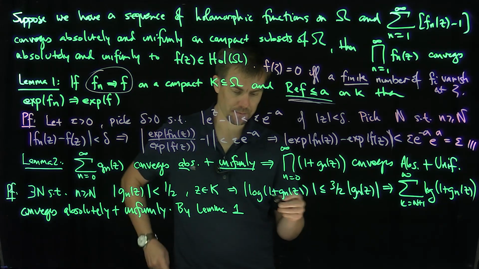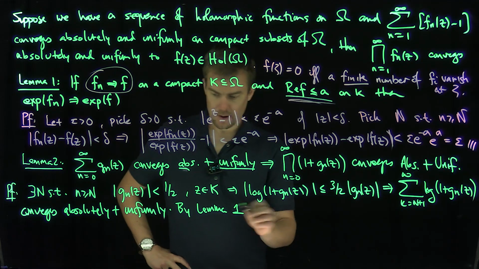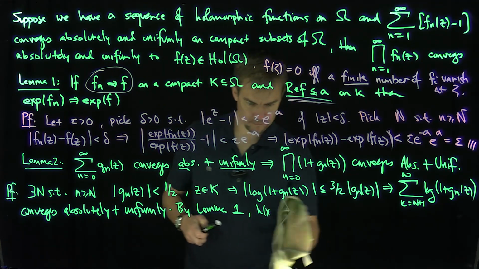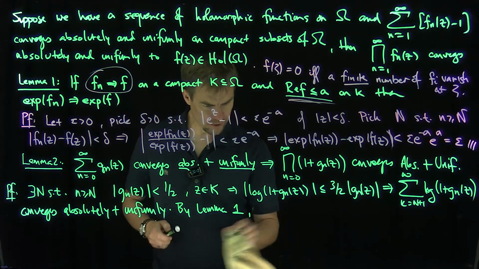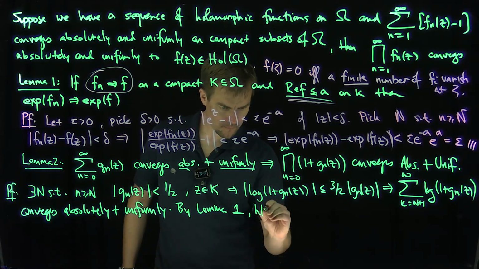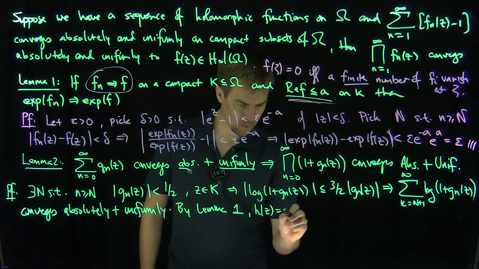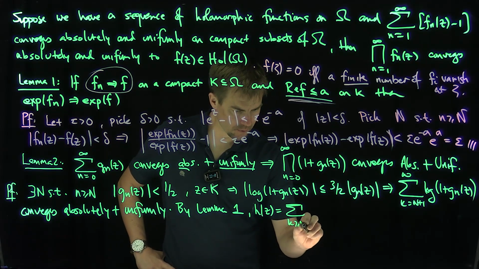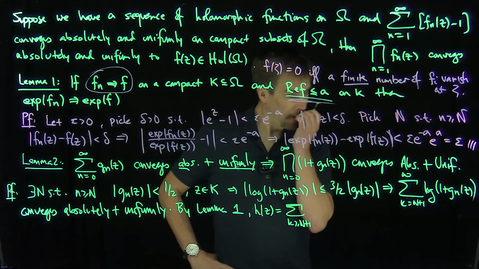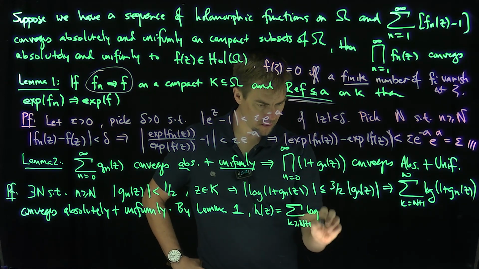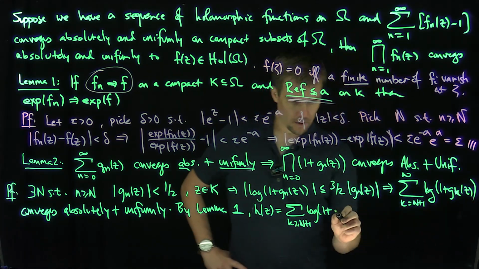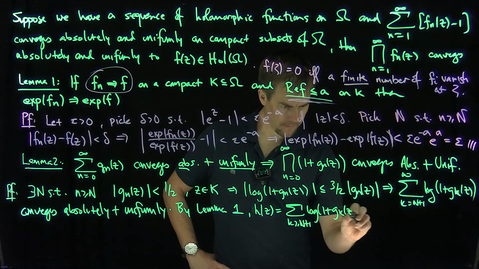so does the exponential. So it converges to something, the function h of z, which is going to be what? Which is going to be the sum k bigger than or equal to n plus 1 of the log of 1 plus gk of z.